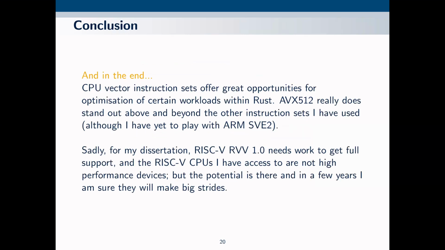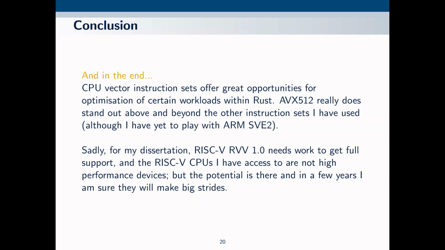So in conclusion, you can get some very, very good optimization with certain workloads within Rust using vector instructions. The AVX 512 really does stand out beyond the Neon, AVX2 and RISC-V. So if you are able to target that processor, you're getting some great optimizations.